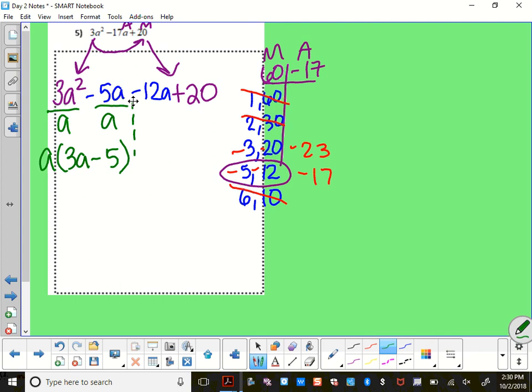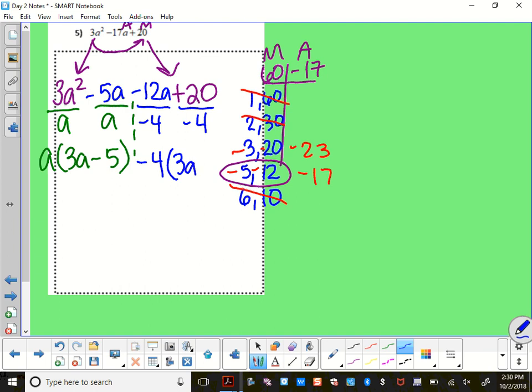This one's a little tricky. On the right side, I'm starting with the negative. If I start with a negative, I have to bring that negative out. Remember that? So 12 and 20 have what in common? What's the highest number? 4, right? So I bring down the negative 4 and I divide.